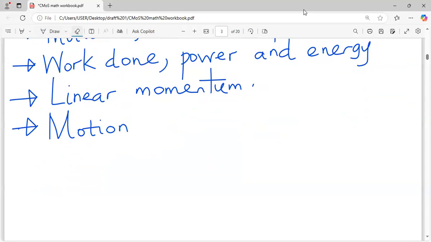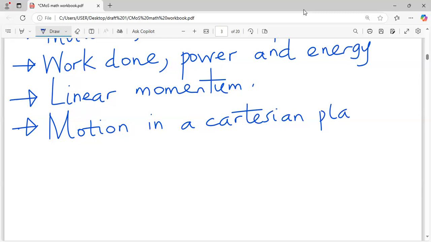Motion in a Cartesian plane. Then we have simple harmonic motion, elasticity, then circular motion.